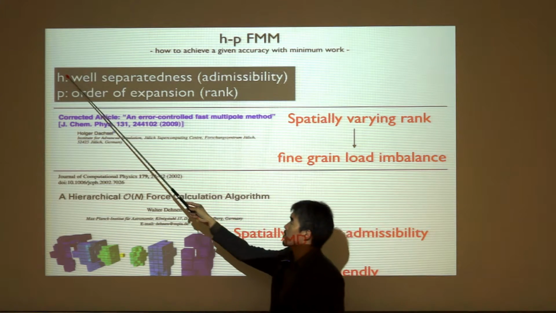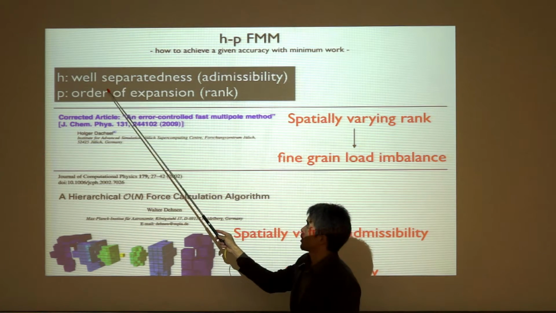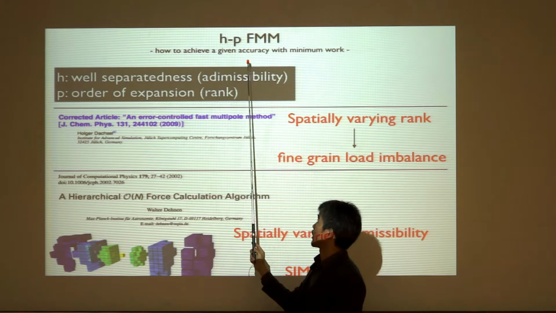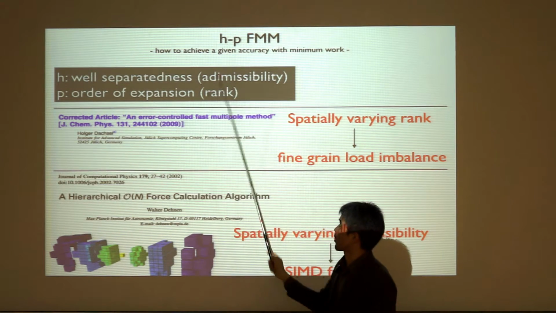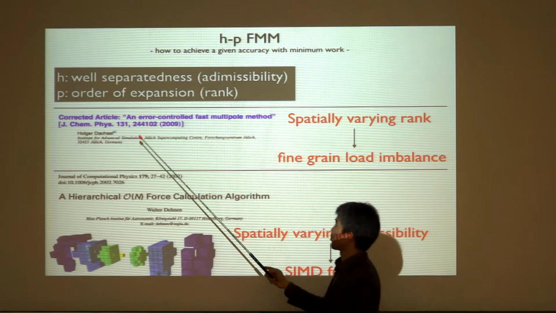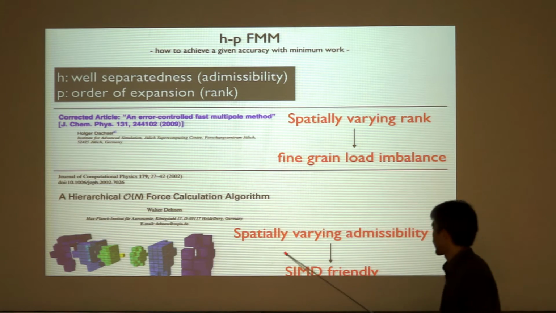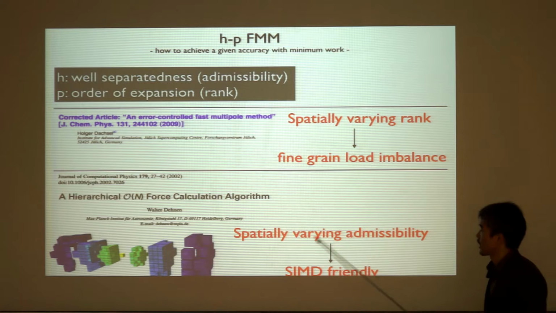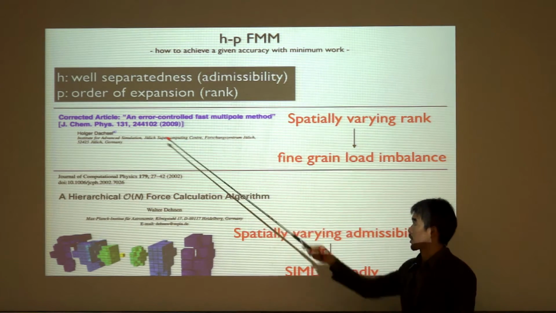So this H is sort of dynamically determined. So in FMM it's static, and in H matrix it's dynamic. So there's a difference there. But there are methods in the FMM that have spatially varying admissibility, even in the geometric FMM.